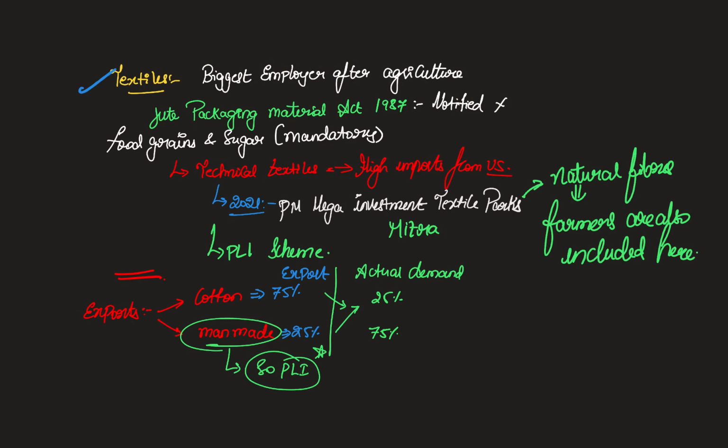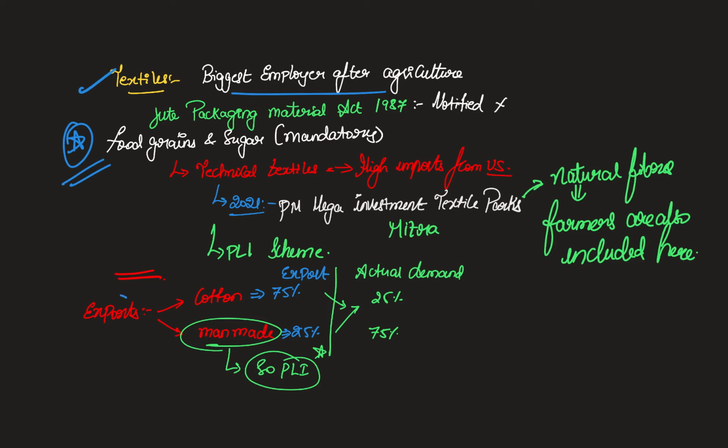The next sector that we can talk about is the textiles sector, which is the biggest employer after agriculture. We have to remember that time and again, the government has been trying to support the textile sector, but the requirement of the market has been something else, and the initiatives taken by the government are to protect the traditional industries.